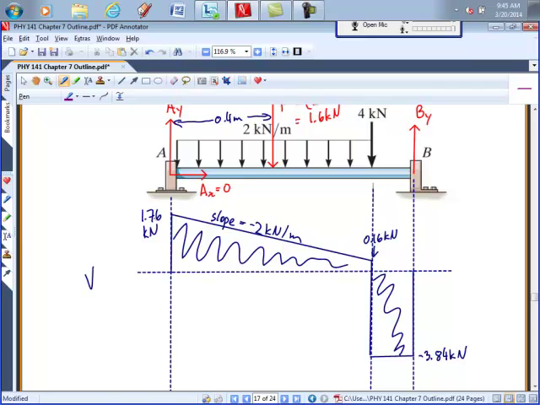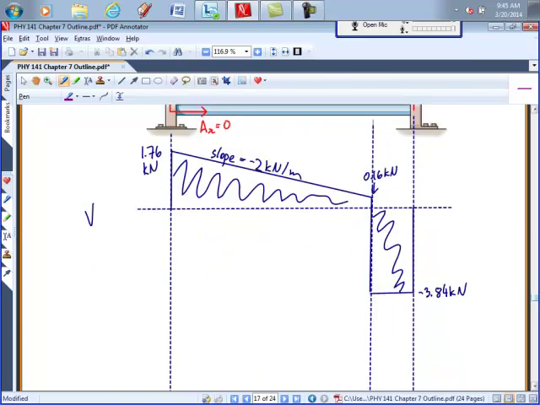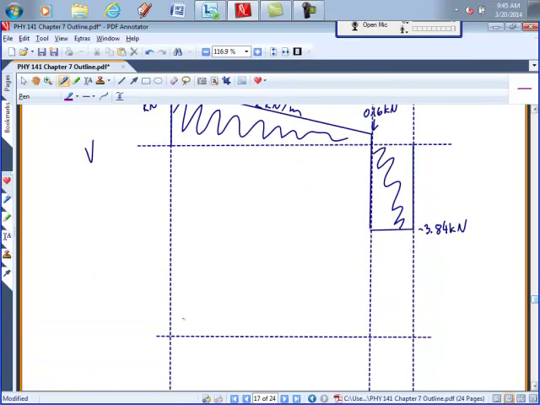Well, it's going to start with a slope of 1.76, but the slope's going to be decreasing to 0.16. So it's going to be a lot closer to horizontal when it gets to this point. So we would draw that something like that.